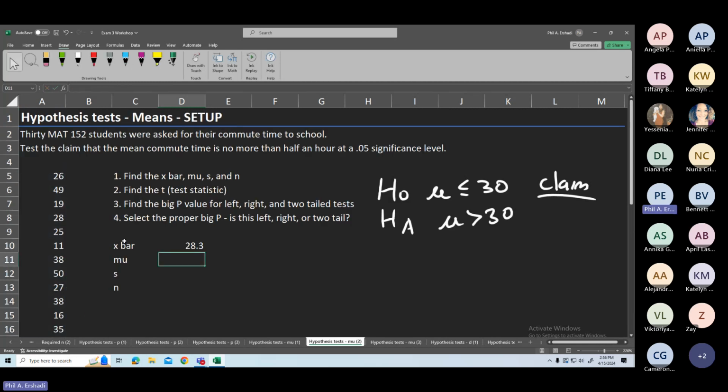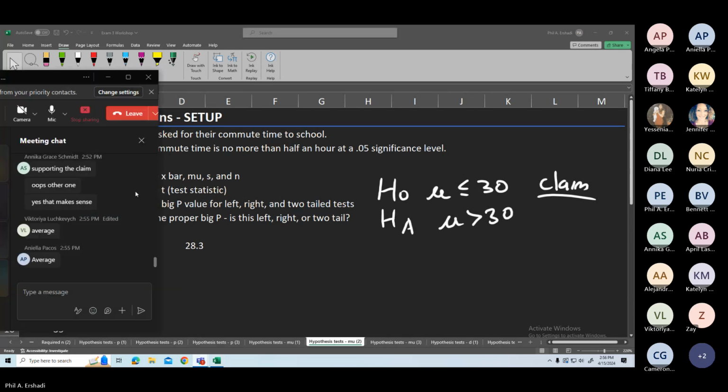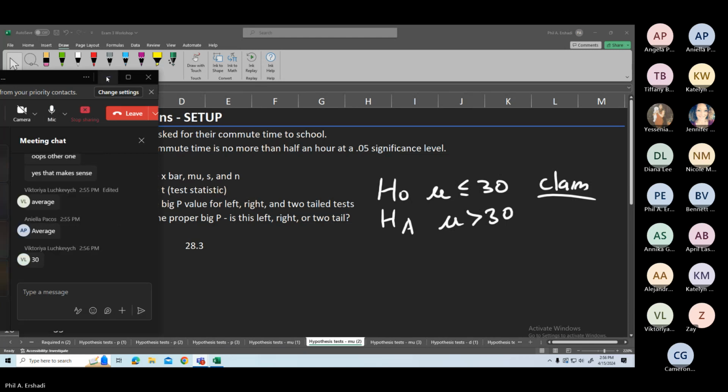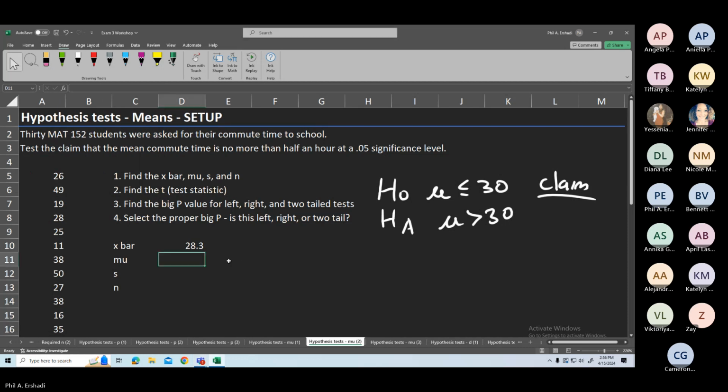What do I use for mu? 30, exactly. The mu is going to be the claim number. And for x bar, we used equals average of the list.